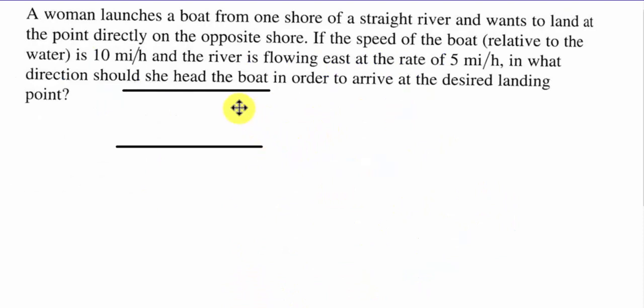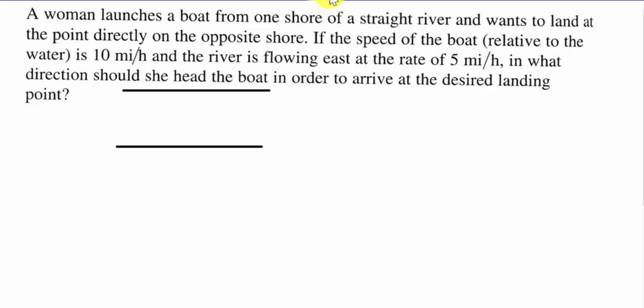So in this problem, it's kind of a real-life application. You've got a person who's trying to get to the other side of the river by taking off in a boat at 10 miles an hour, and you've got a river flowing to the east at 5 miles an hour, and you want to end up on the other side.